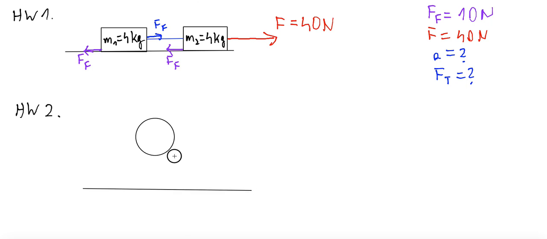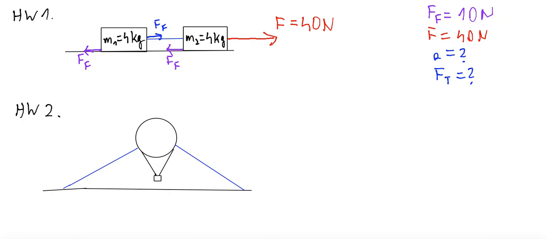This is our balloon, and a small basket down below. This balloon is attached to the ground by two cables, cable 1 and cable 2.